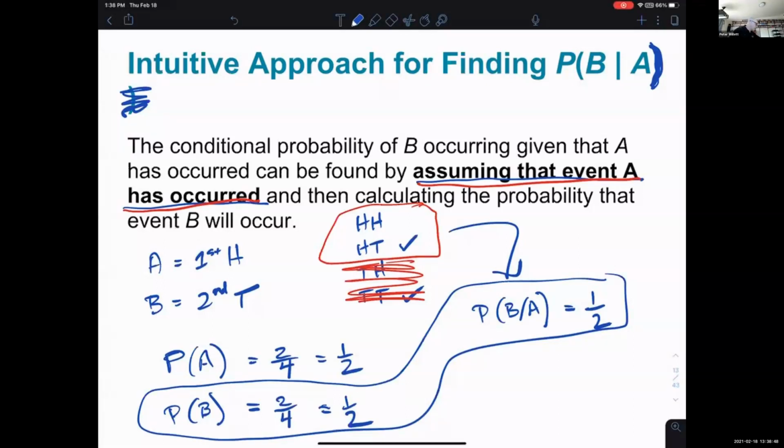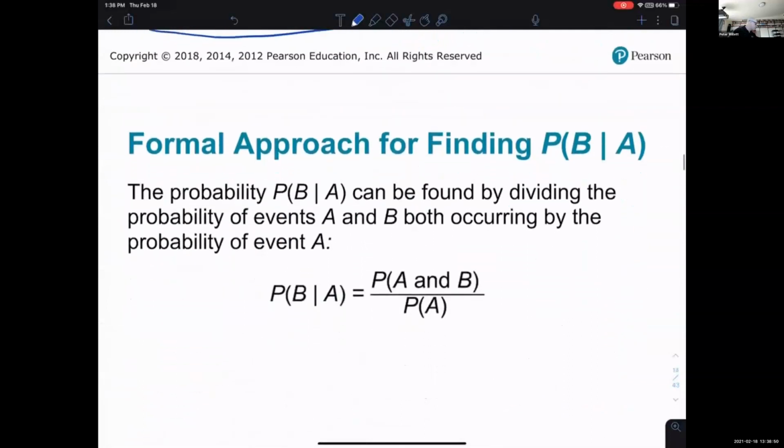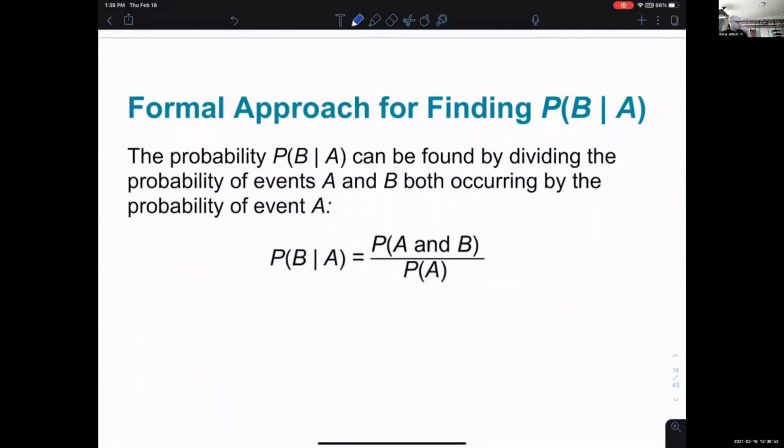All right, so let's see what they do for us. So they give us a little formula. The formal approach for finding the probability of B given A is that you have the formula where you do the probability of A and B on the top divided by the probability of just A on the bottom.